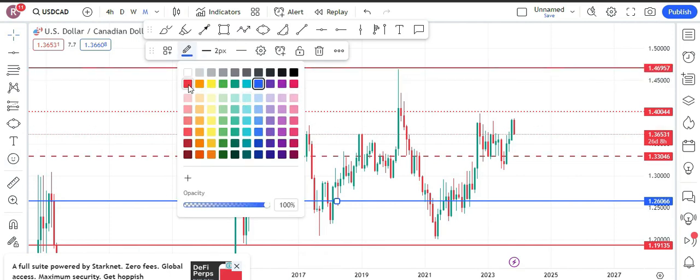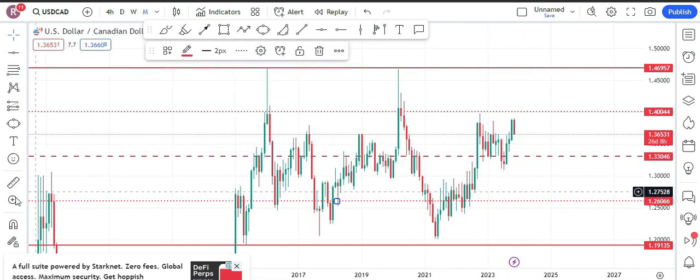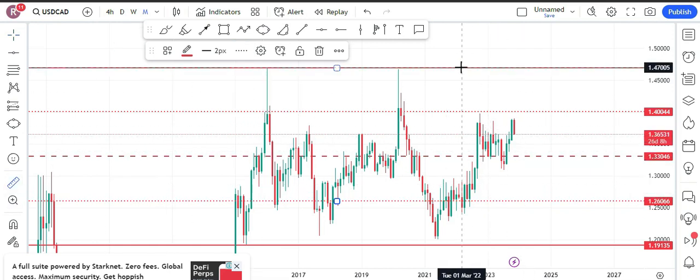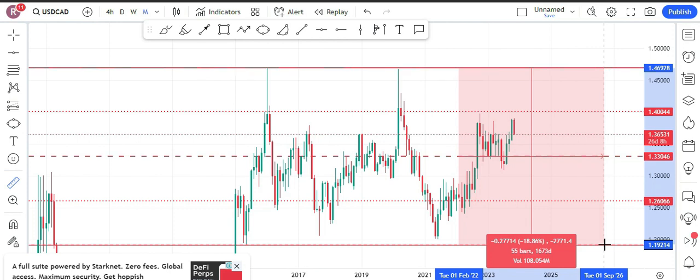So we are seeing a pair where it is ranging and the depth in month is very wide. If we measure the depth here, the depth is around 2800 pips.